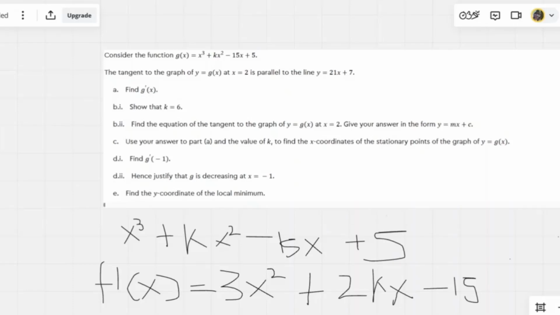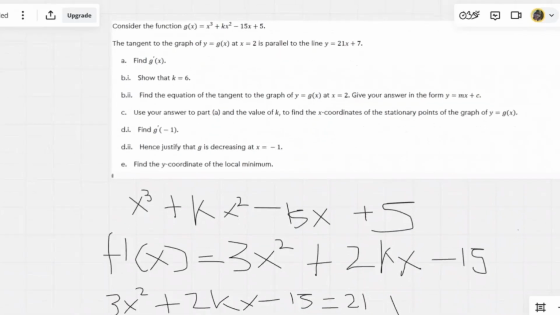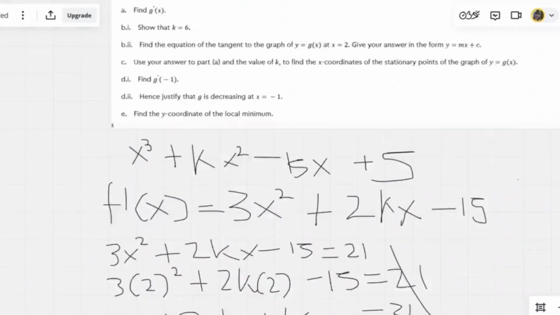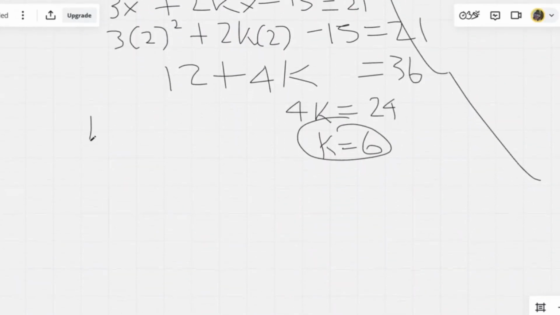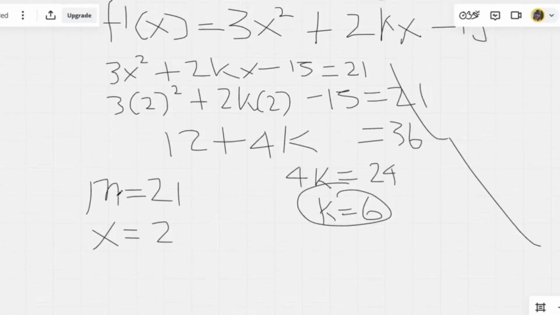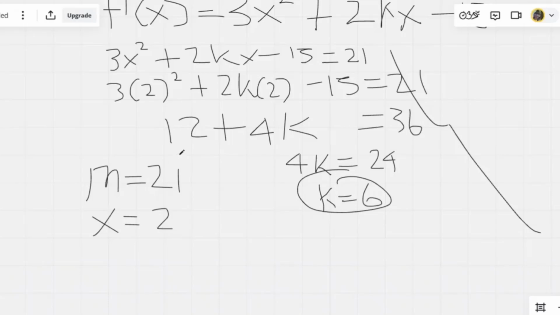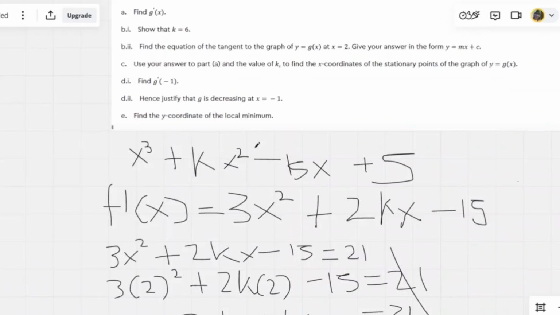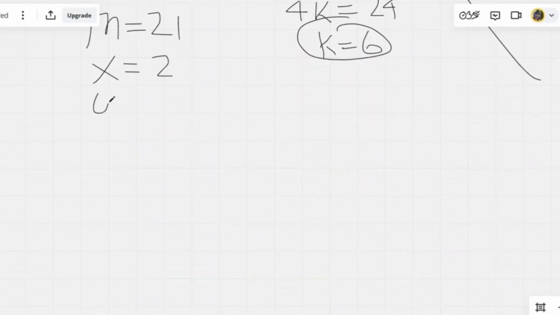B2. Find the equation of the tangent to the graph of y equals the function g of x at x equals 2. So we already have the gradient, which is 21. We have the x point equals 2. And now we need the y coordinate to find the y-intercept of the equation of the tangent.